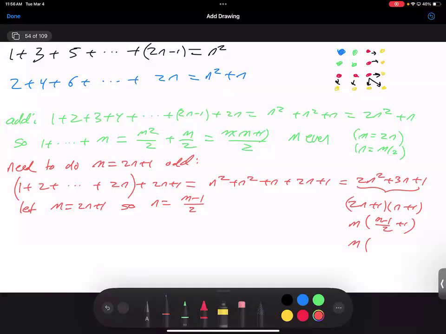Well, the plus 1 is plus 2 over 2 becomes m plus 1 over 2, which is now m plus 1 over 2. And there's the formula. So we've now proven the formula for the sum of the first m integers just by knowing that the sum of the first k odds is k squared by geometry.